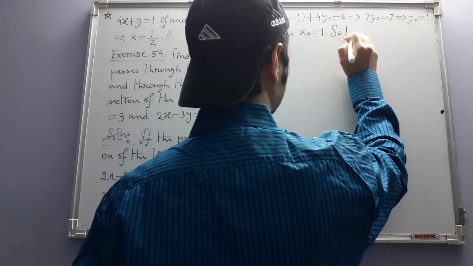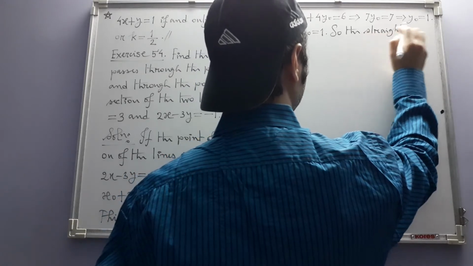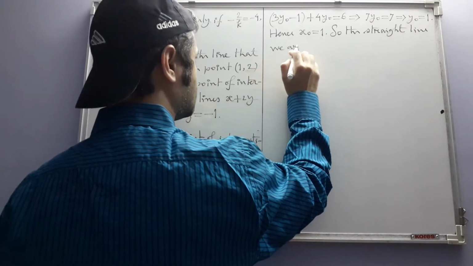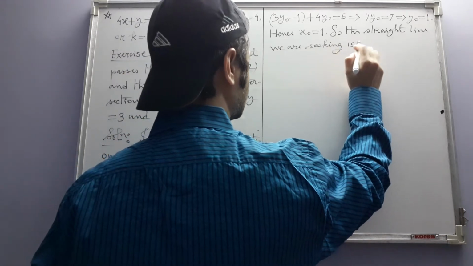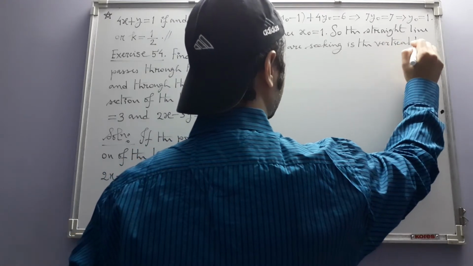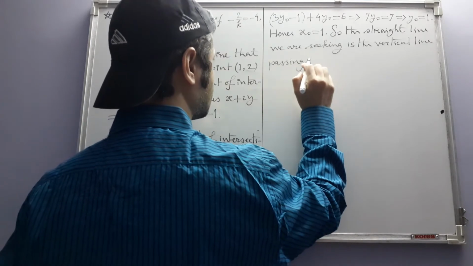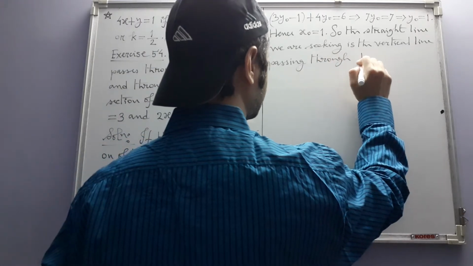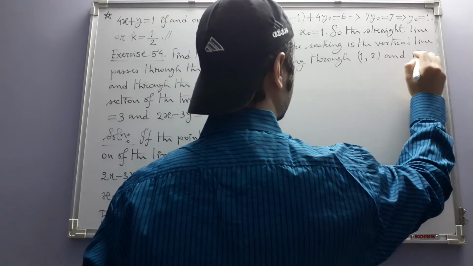So the straight line we are seeking is the vertical line passing through 1, 2 and 1, 1.